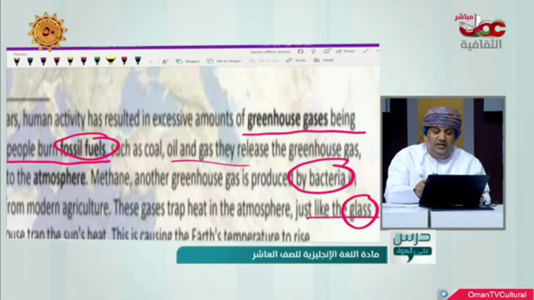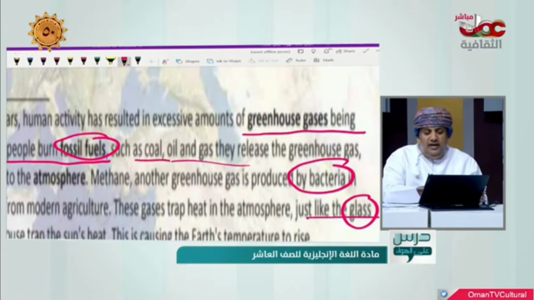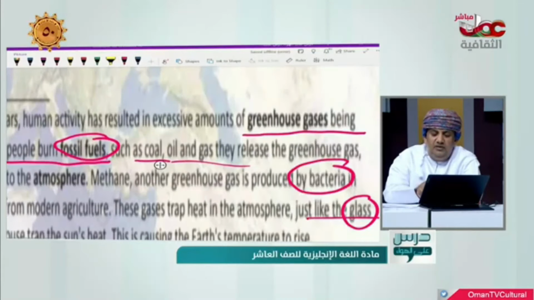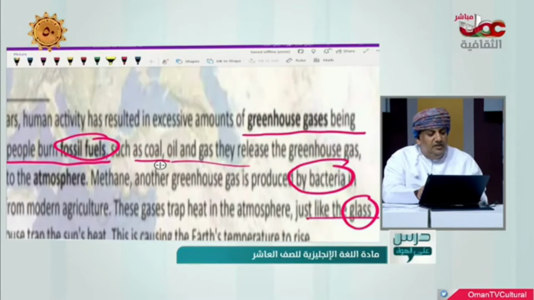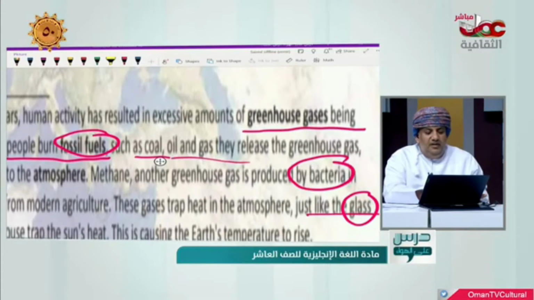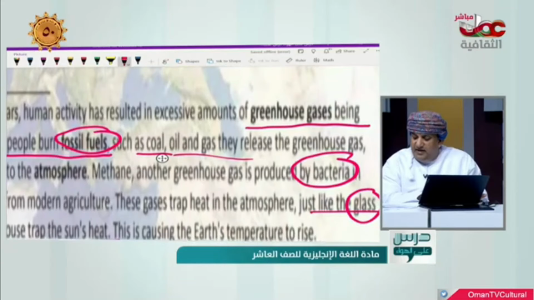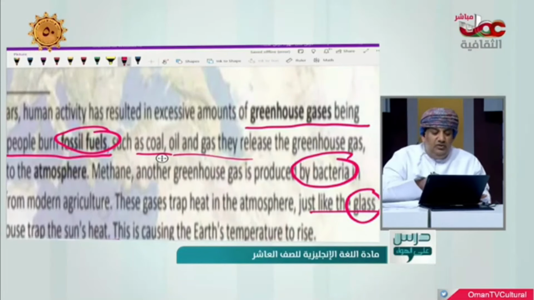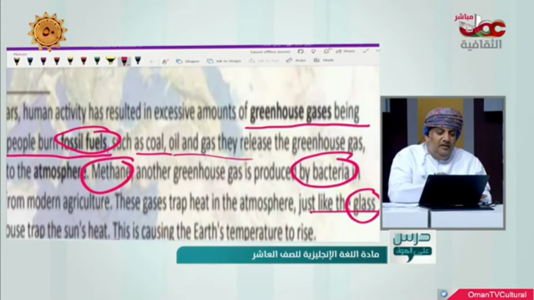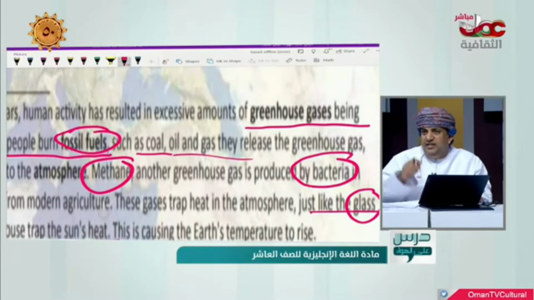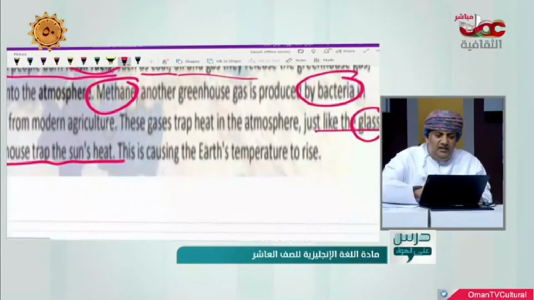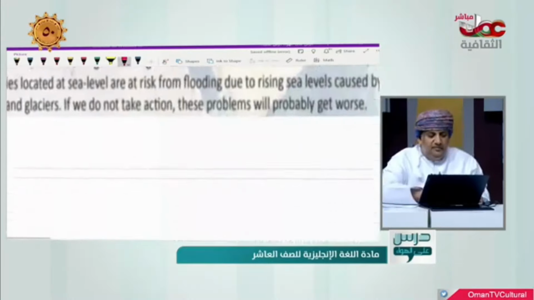So greenhouse gas being produced when people burn fossil fuels such as coal, oil and gas. They release the greenhouse gases, carbon dioxide, into the atmosphere. Methane, another greenhouse gases produced by bacteria. So we have two things here, methane and fossil fuel. He talked about these two gases in this sentence.